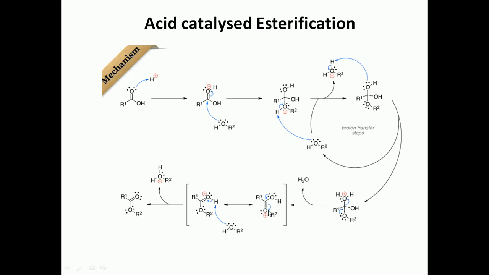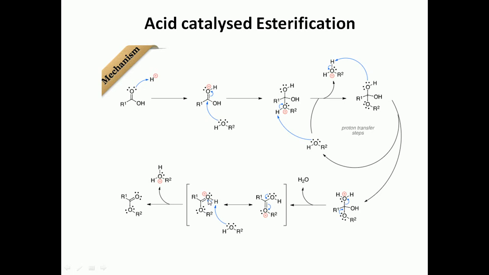Now this can be resonance stabilized: when this moves it forms a double bond, this comes back over here and this moves and forms a double bond. So you get these two structures.